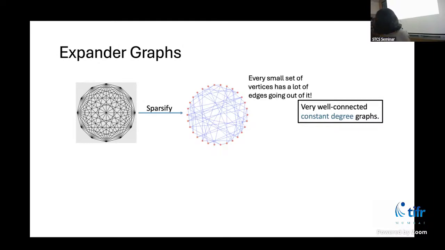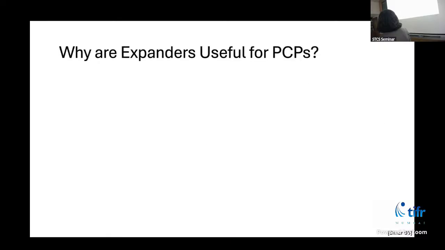One such property is that if you take any small set of vertices, then it has a lot of edges going out of the set. Okay, so let's see why they are useful for PCPs. At first glance, it seems totally unrelated to proofs.